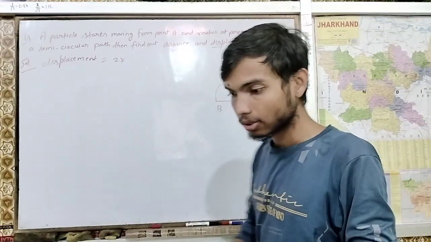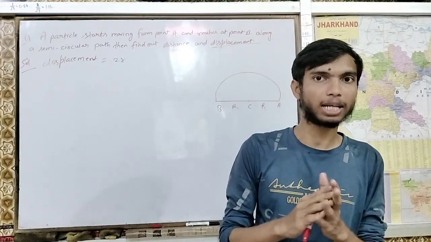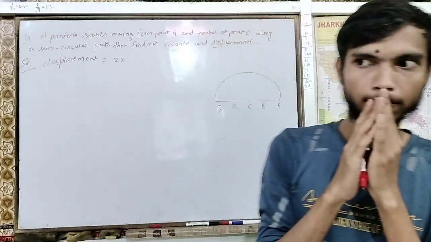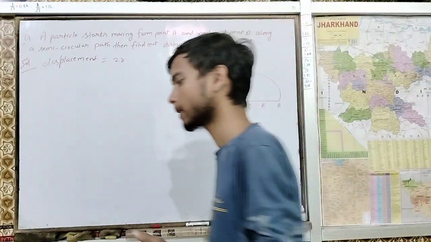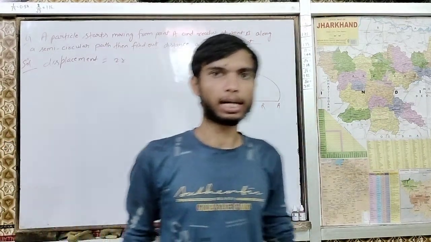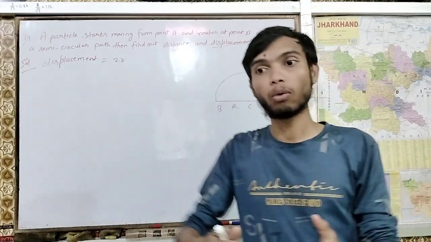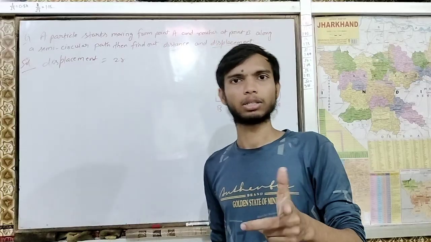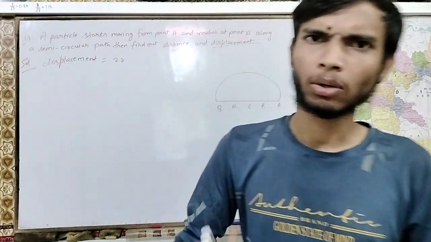You know that the distance of a circle is 2 pi r, because one circle is equal to 2 pi r.